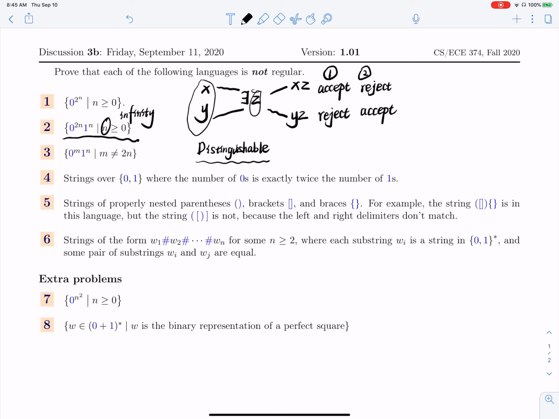So we need to find a set of such strings. It will be called the fooling set. A fooling set consists of many pairwise distinguishable strings.